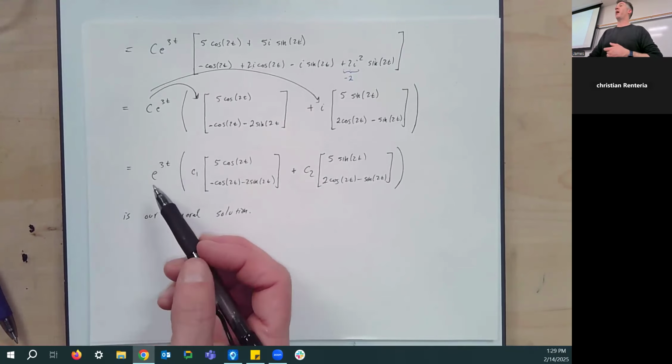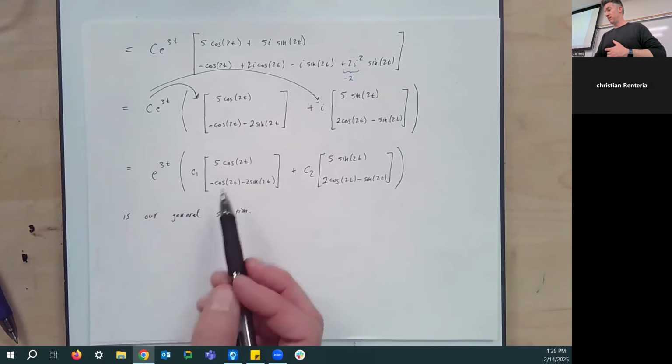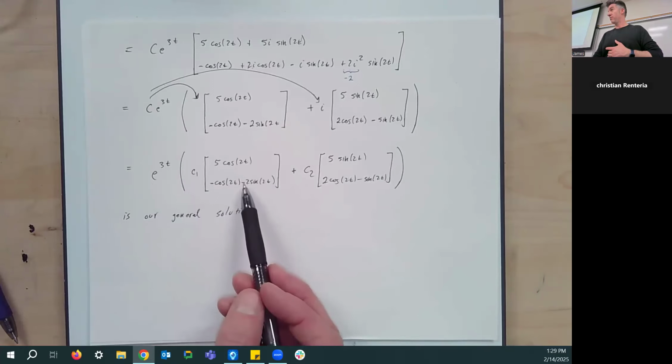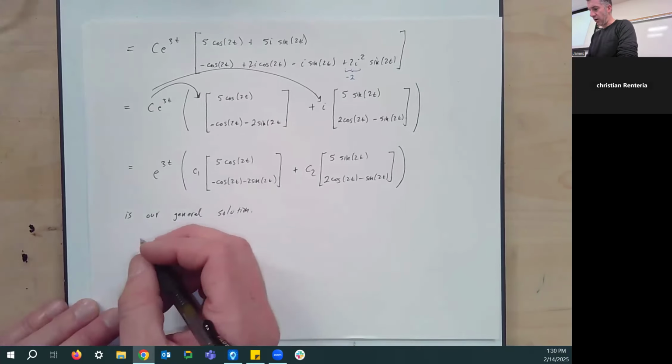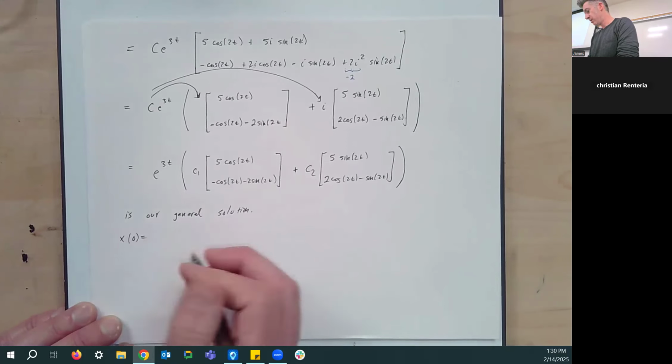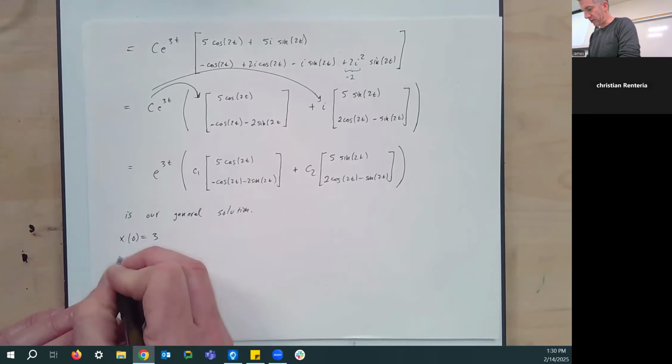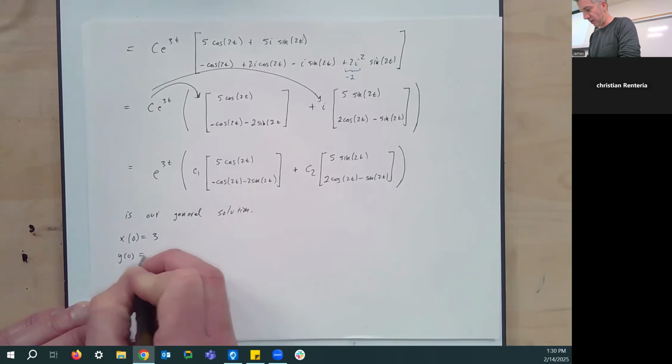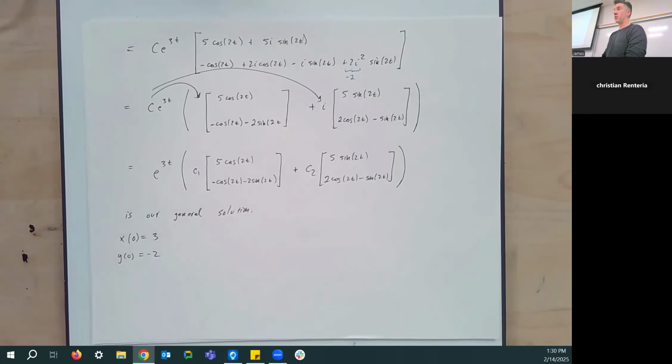It would be even grosser here if t wasn't 0, because these things wouldn't work out nicely. So we're going to make up something. Let's say our initial condition is x of 0 is equal to 3, y of 0 is equal to -2. Let's see what happens with that initial condition.